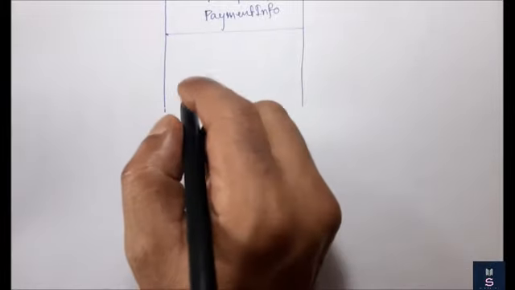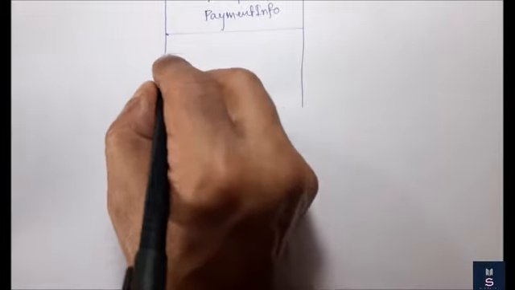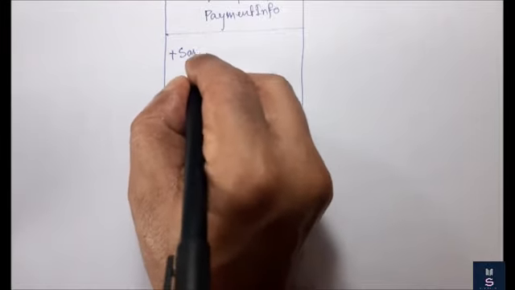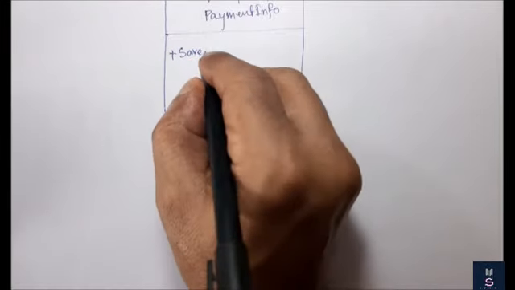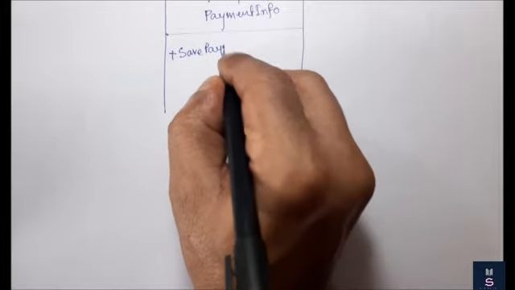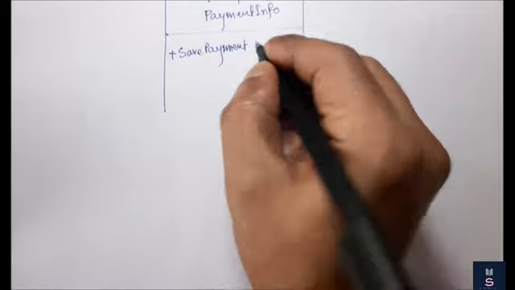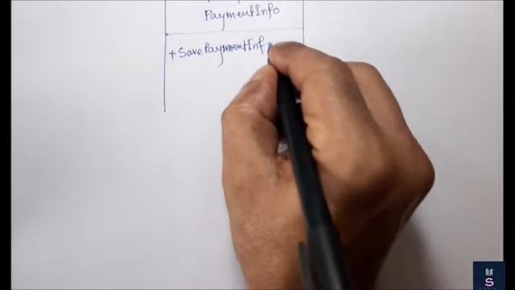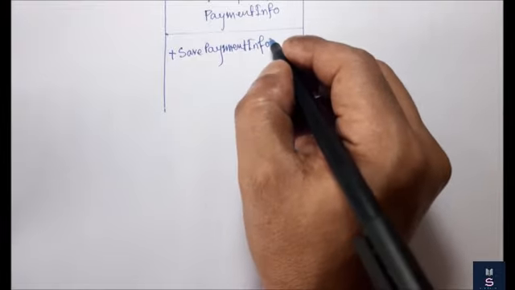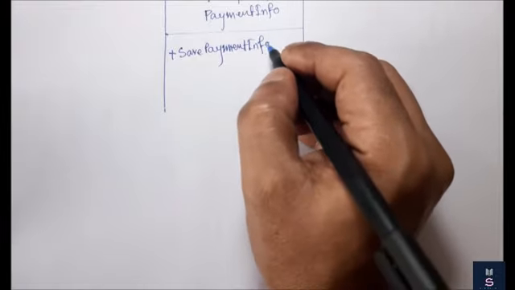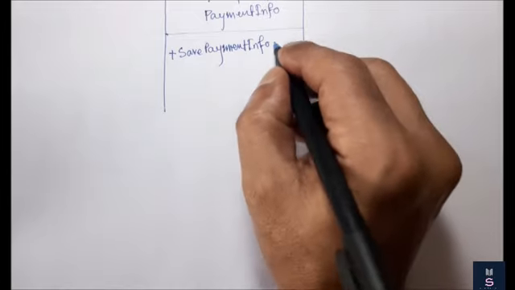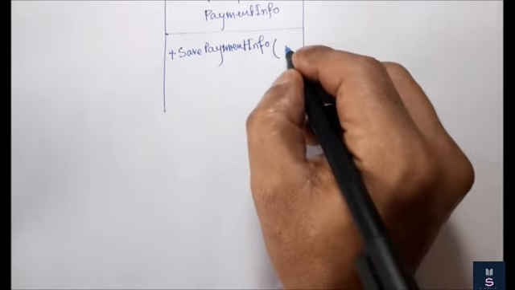And suppose one of the methods is named savePaymentInfo. If data members are present, you can make them data members. If no data members are present, you can make it simple. Here I am just doing the simple thing.